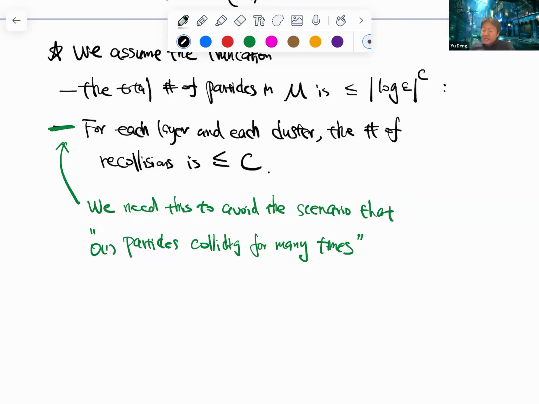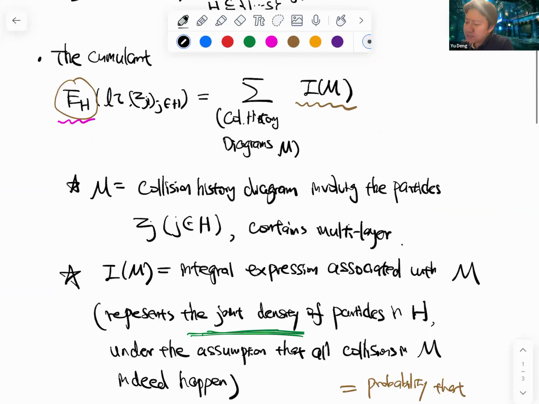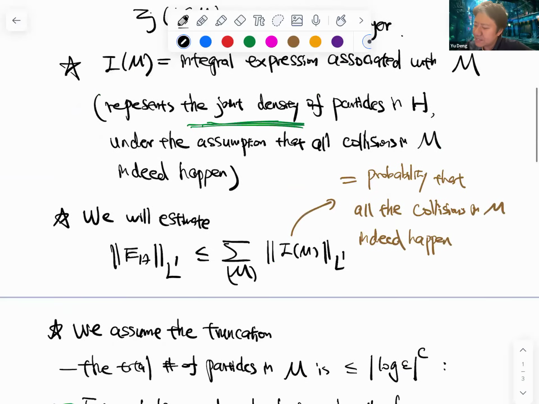Okay, so let's summarize what we have so far. We have these interaction diagrams M, which we'll draw immediately. And then we have this expression I_M, which we will explain. Our goal is to prove upper bounds on the L1 norm of I_M. And remember from last time, this bound should depend on two quantities.